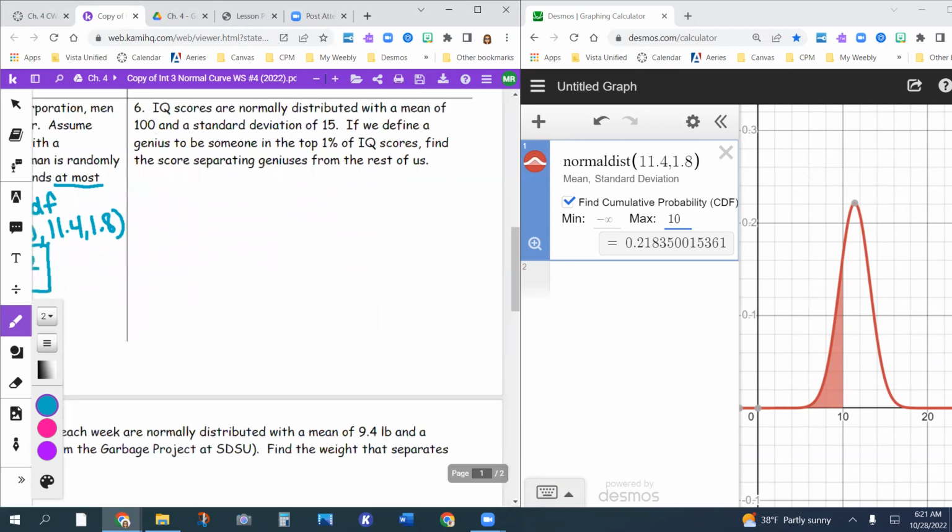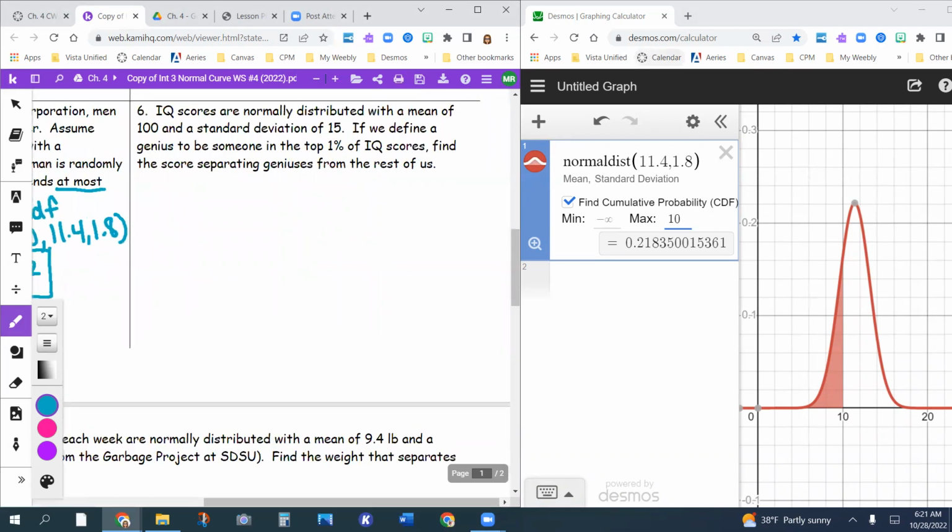IQ scores are normally distributed with a mean of 100 and a standard deviation of 15. If we define a genius to be someone in the top 1%, I want to figure out what score that is to be in the top 1%.